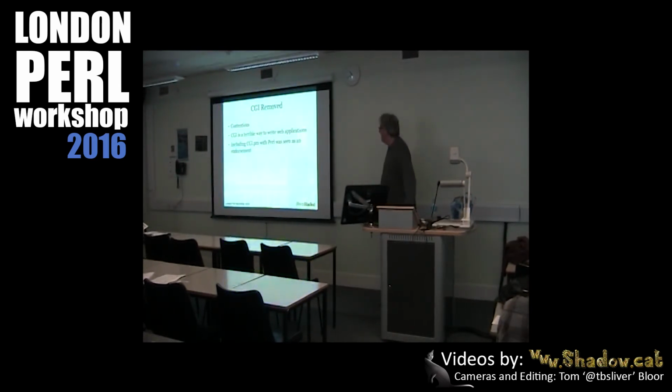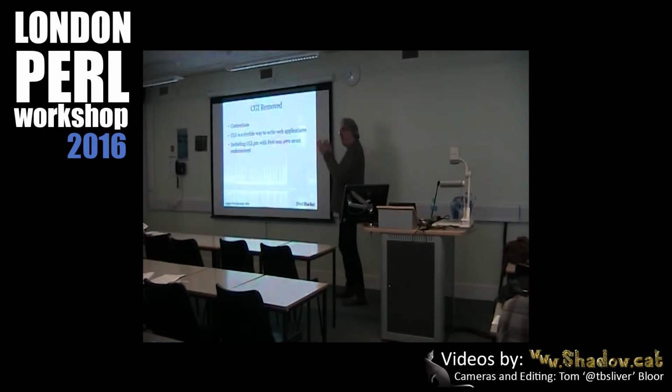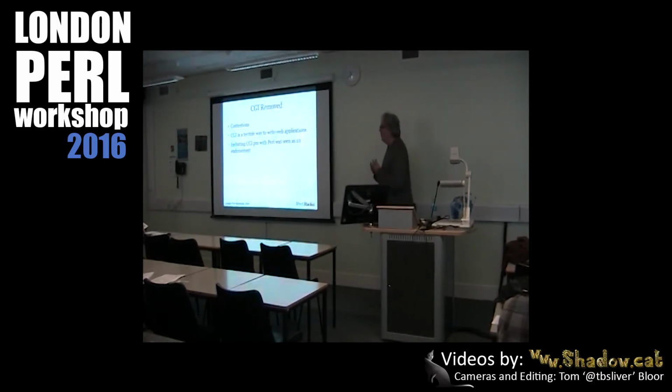Yes. So, including CGI.pm as part of the Perl distribution was seen as a kind of endorsement of a terrible way to write web programs, and that's the overriding reason why it is now gone. So best to just remove it, use PSGI or Plack or something based on them instead.